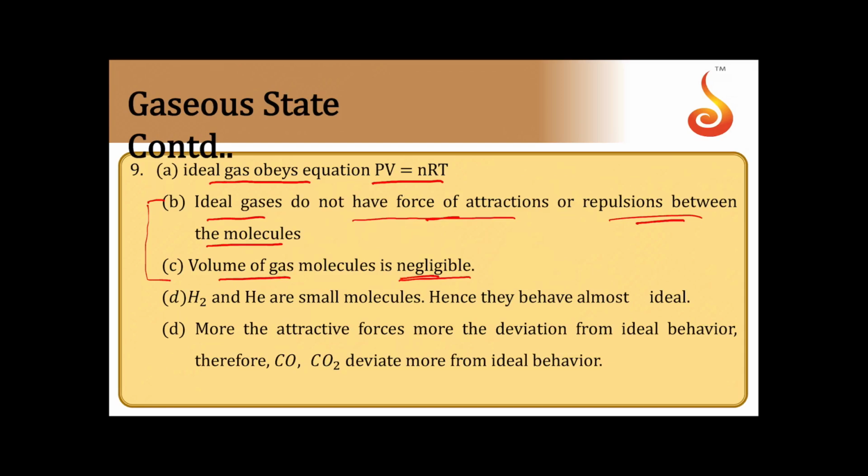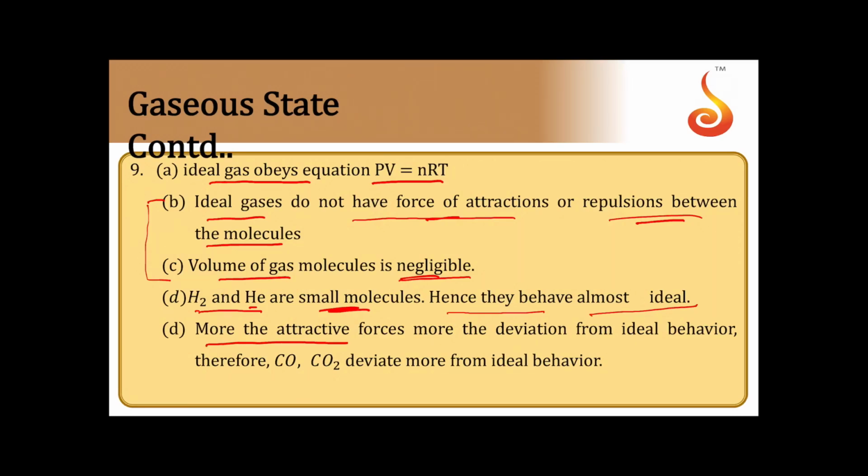When you see H2 and helium, two smaller molecules, hence they behave almost ideal. Because if you have larger molecules, then because of the larger size of the molecules, they are going to have more van der Waals forces. When they have more van der Waals forces, they are going to deviate from the ideal behavior. Hence, H2 and helium, being two small molecules, always behave in an ideal state.